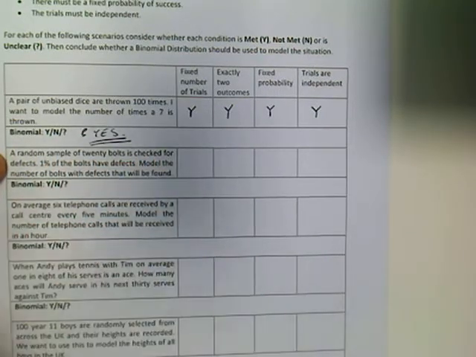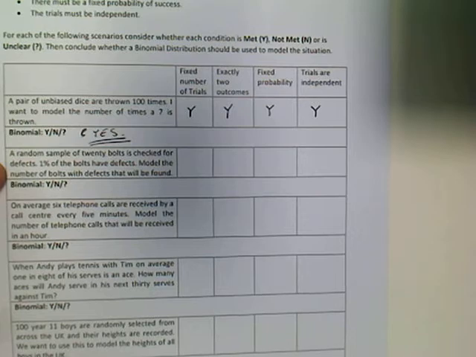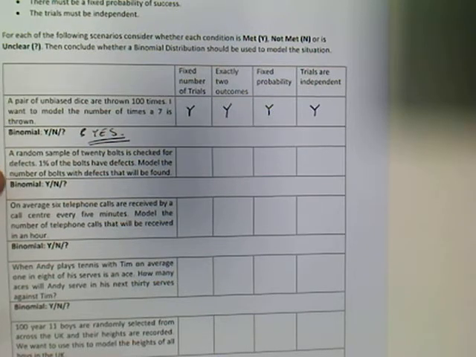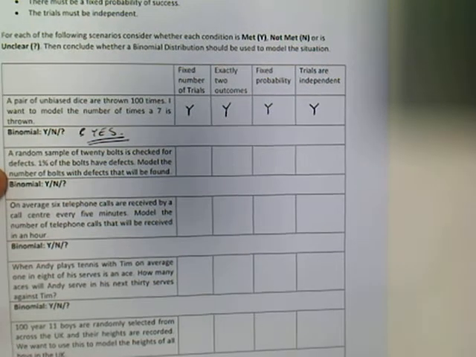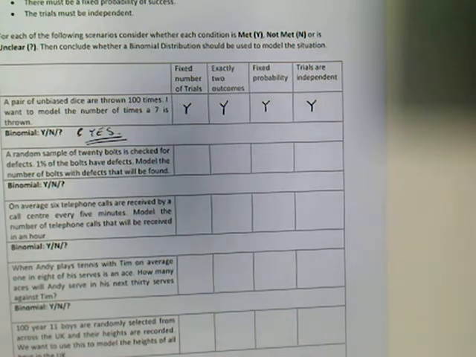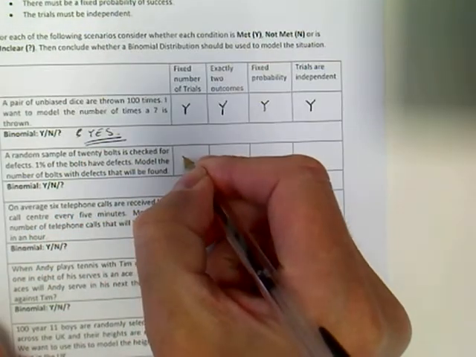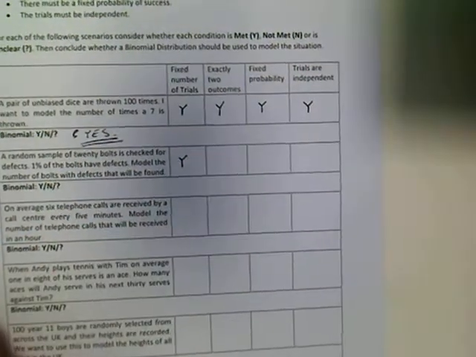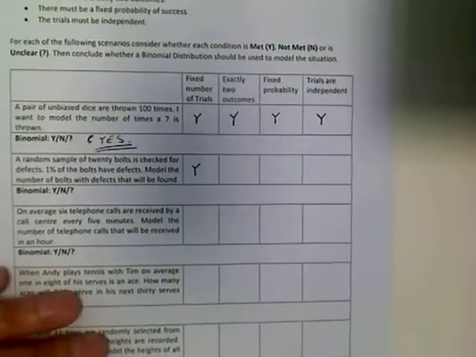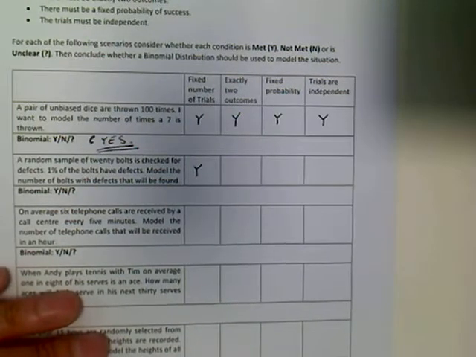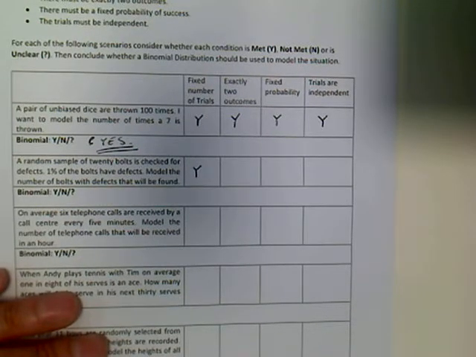A random sample of 20 bolts is checked for defects. 1% of the bolts have defects. Model the number of bolts with defects that will be found. Okay, so fixed number of trials. We've got 20 bolts, so I'm testing 20 bolts, 20 times. So that's a yes. 1% of the bolts have defects.